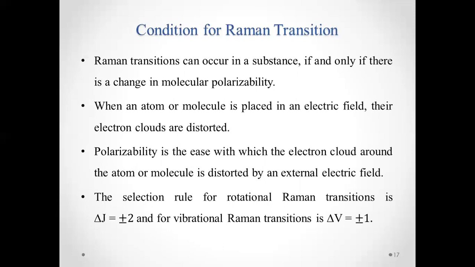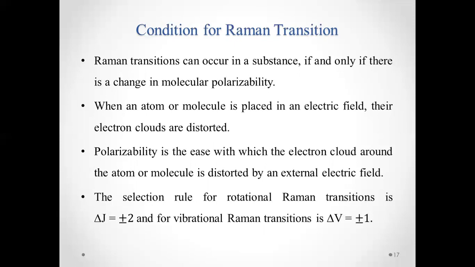Coming to the condition for Raman transition. Raman transitions can occur in a substance if and only if there is a change in molecular polarizability. When an atom or a molecule is placed in an electric field, their electron clouds are distorted, and this distortion of the electron cloud is referred to as the polarizability.